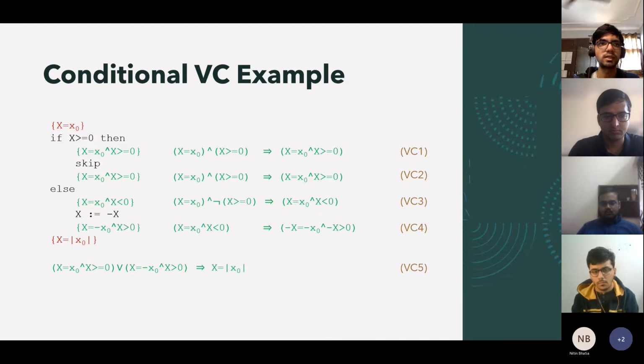We can see for P2 that if x equal x naught and x is greater than equal to 0, then x is clearly the mod of x naught because x naught is greater than equal to 0. And if we have x is equal to minus x naught and x is greater than 0, then x naught must be less than 0. And so x equal minus x naught evaluates to x equal mod x naught. And so the fifth verification condition also holds.